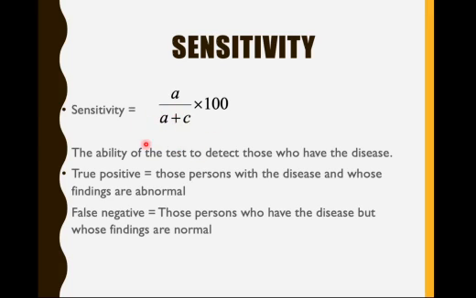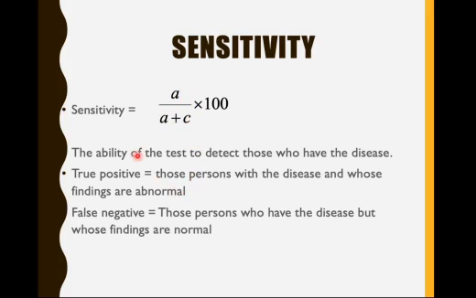The denominator is A and C, and we told you that A and C are people who have the disease. Among people who have the disease, how many of them truly have the disease? So that is sensitivity. So that's the ability of the test to detect those who have the disease.